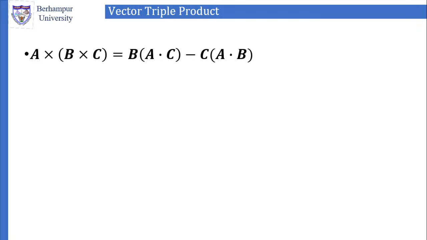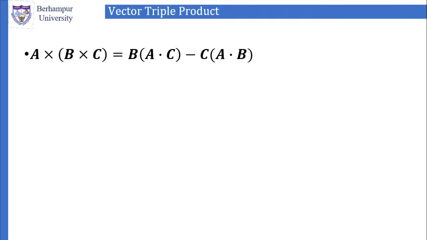Now the resultant is B into A dot C. B is a vector, A dot C is a scalar, and any vector can be multiplied by a scalar. If I have a vector A, I can multiply A with X, where X is a scalar, giving XA or AX. Similarly, here it is B (A dot C) minus C (A dot B). If you look at this, this is BAC, then CAB.